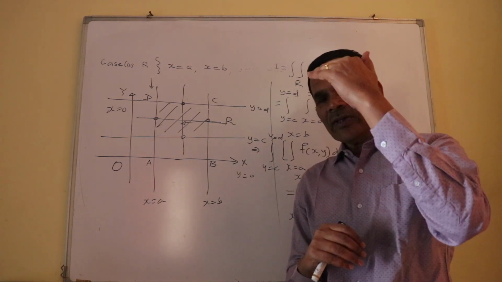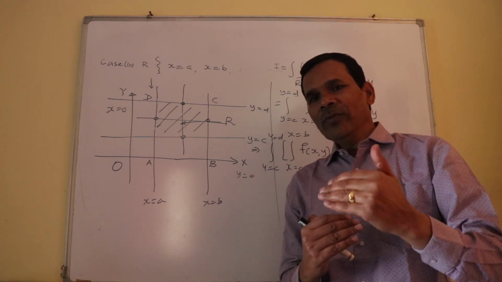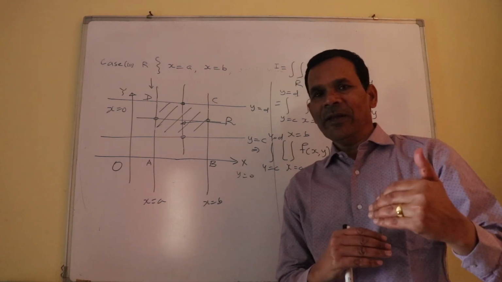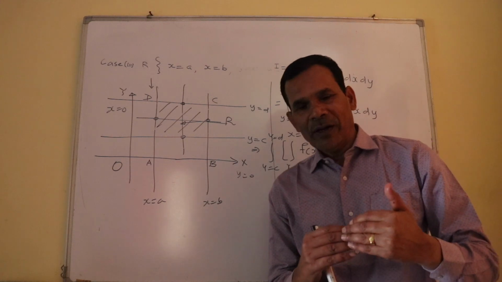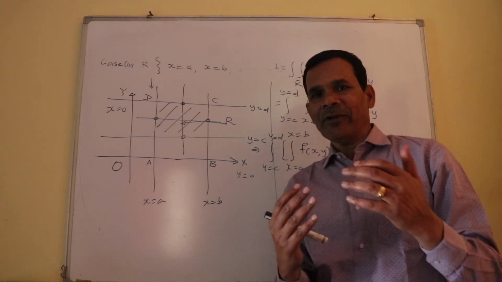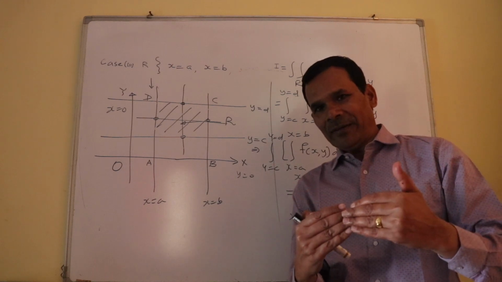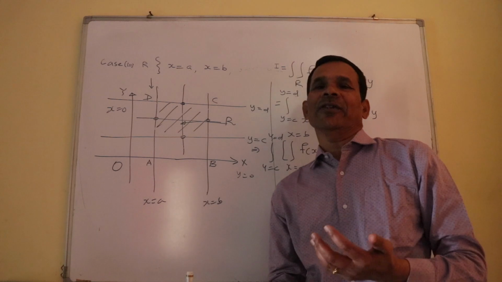Similarly, in case number 1, where y has variable boundaries, you must integrate with respect to y first and then with respect to x. Similarly, the second case we have discussed here: if x has variable boundaries, then we integrate with respect to x first and then with respect to y.